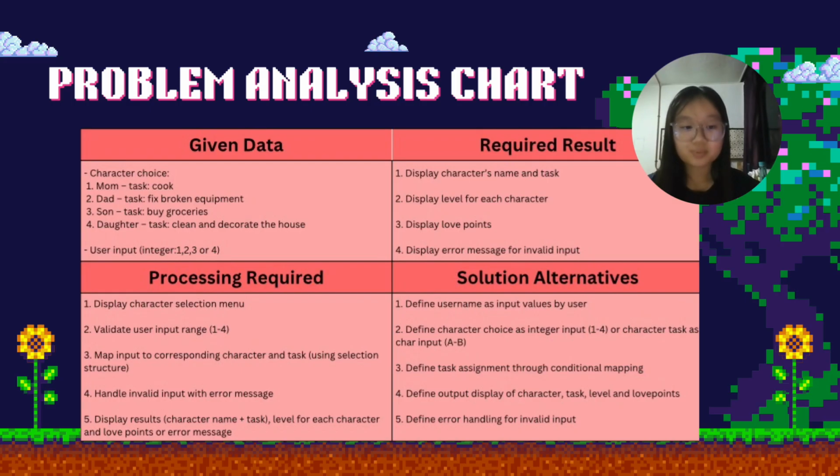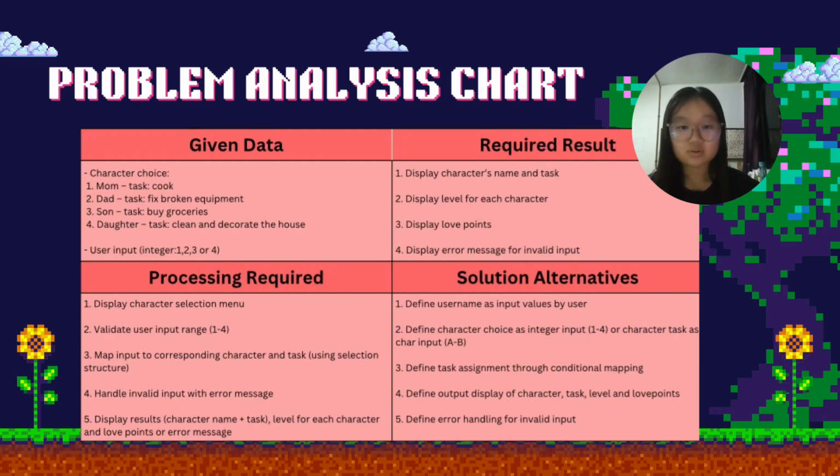Third, for the processing required, there are 5 steps: display character selection menu, validate user input range 1 to 4, map input to corresponding character and task using selection structure, handle invalid input with error message, and display results, which is character name plus task, level for each character and love points, or error message.